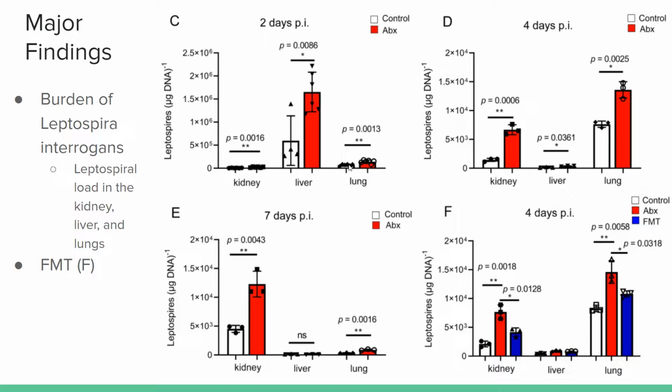It's not as significant. 4 days post-injection, the leptospiral load in the liver for the infected and the control group decreased significantly, while the kidney and lung leptospiral load increased. So, since the fecal microbiota transplant was done for 4 consecutive days, this is 4 days post-injection, it shows a decrease in the leptospiral load in the liver and lungs.